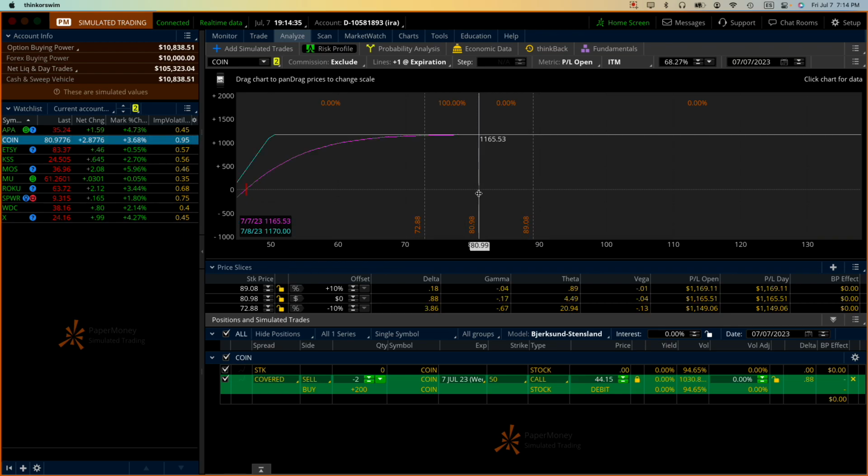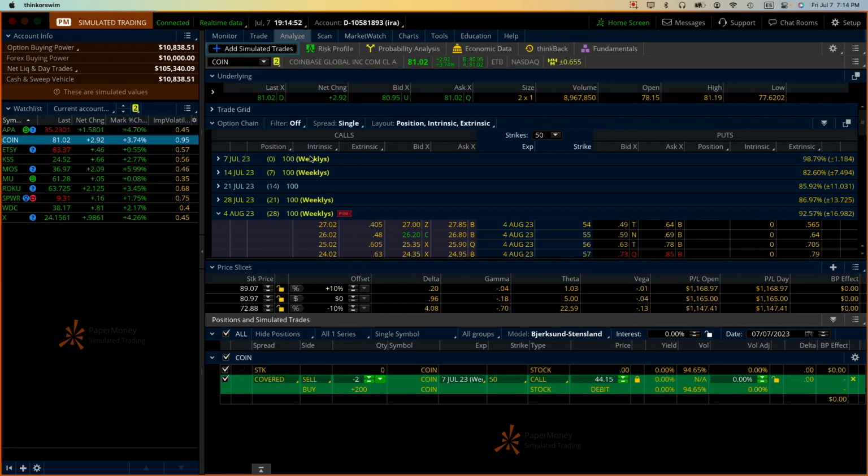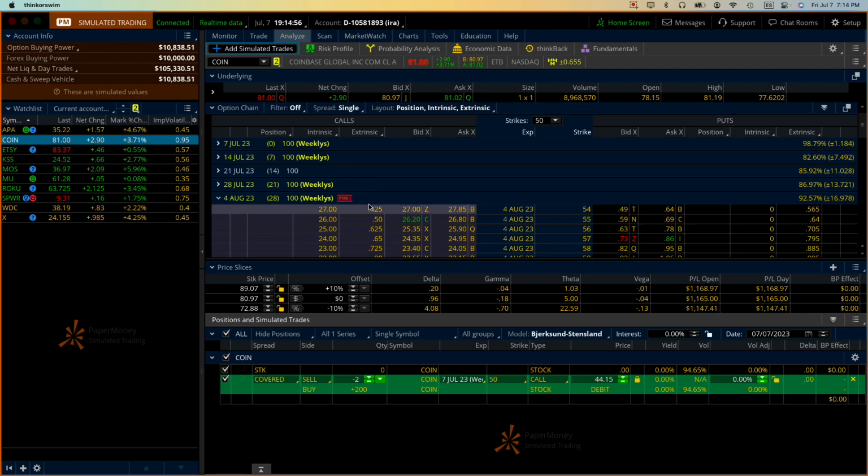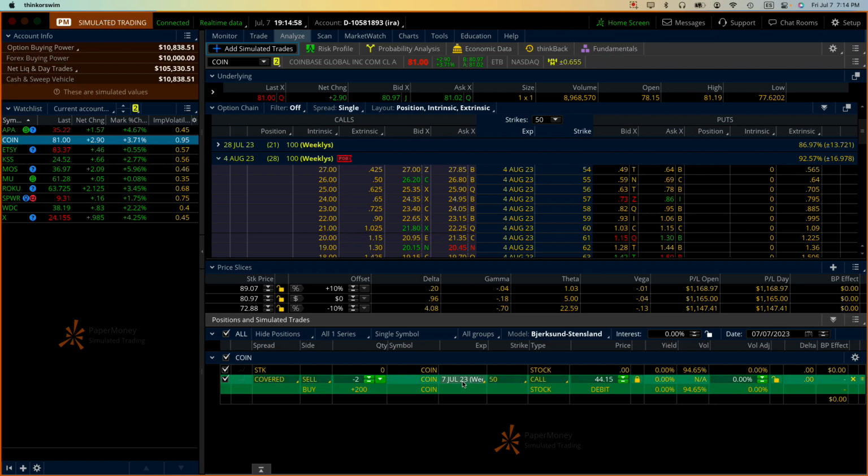COIN. This stock has moved so far up here that the profit is fantastic. It expires today, but that call is deep in value. So what are we going to do? Well, look at the price here. Oh, this needs to change.